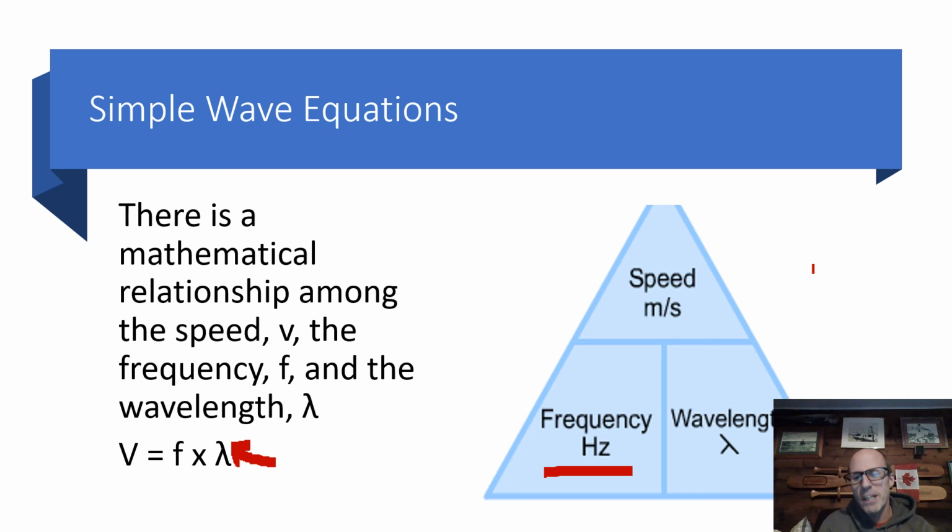And of course, the speed of the wave is meters per second. So the speed is equal to the frequency times the wavelength. The wavelength is equal to the speed over the frequency. Bottom line is, as the wavelength goes up, the speed goes down. And as the wavelength goes down, the speed goes up.